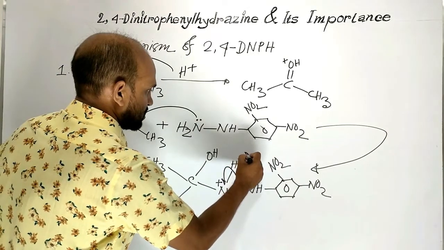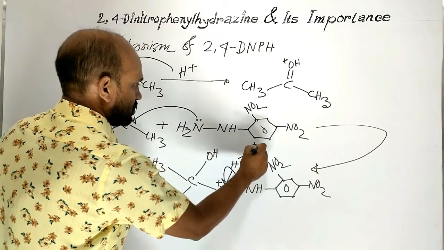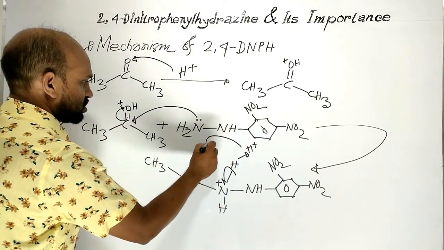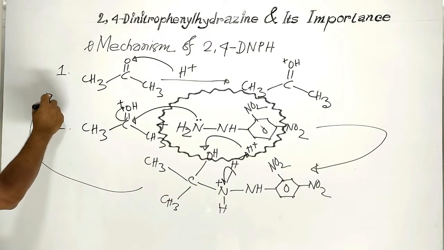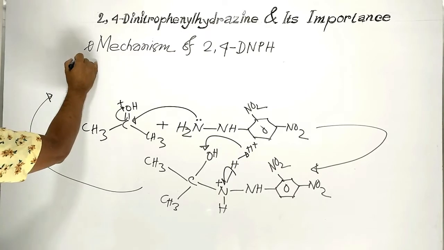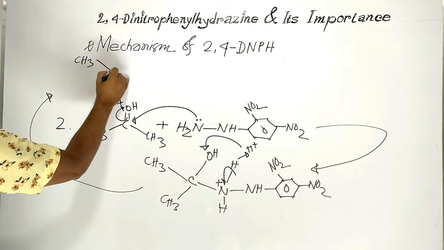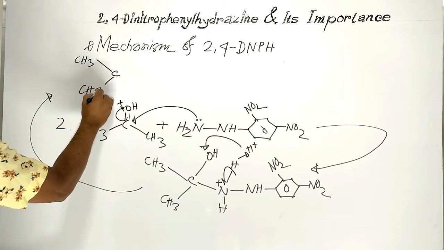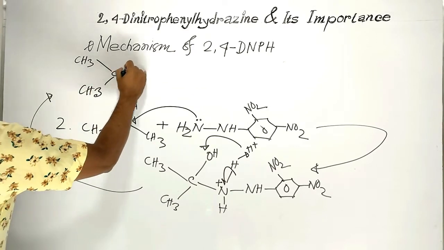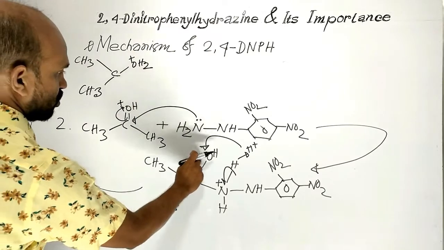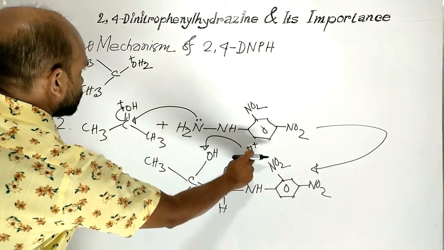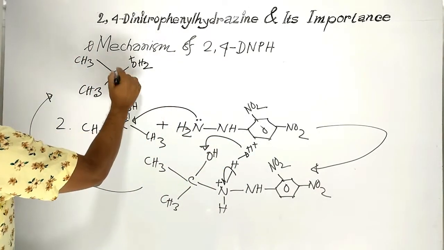This hydrogen gets freed as proton that combines with oxygen. Now this is obtained: CH3, here CH3, OH2 plus, OH will be OH2 then plus.